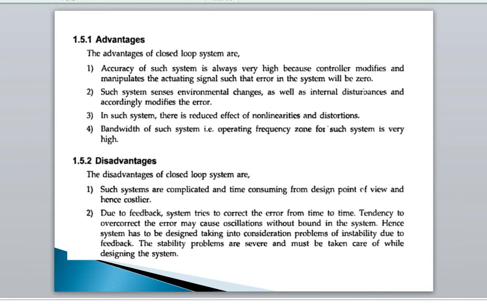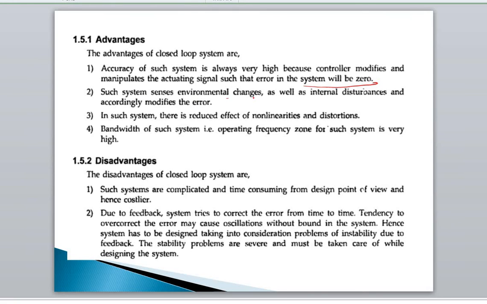Okay. So then what are the advantages of closed loop control system? Obviously, when we are comparing the output, measuring it, then feeding it back, generating the error, improving the controller output, accuracy of the system will always be high. Okay, because the controller every time modifies and manipulates the actuating signal such that the error tends to become 0.